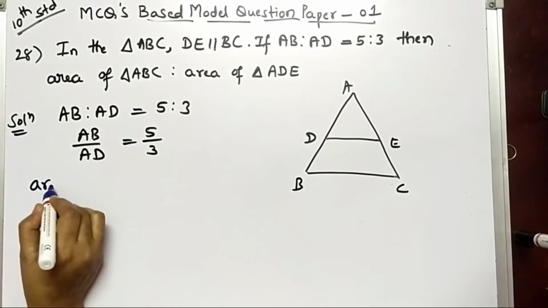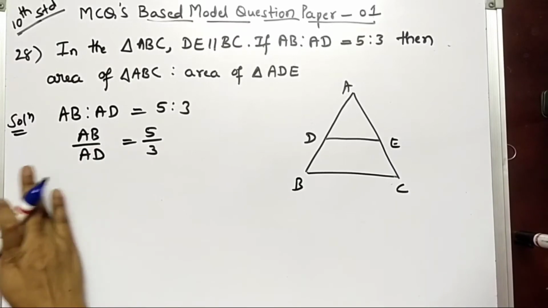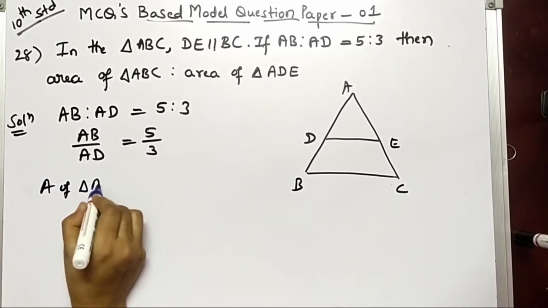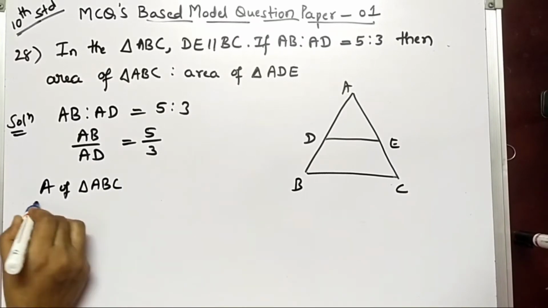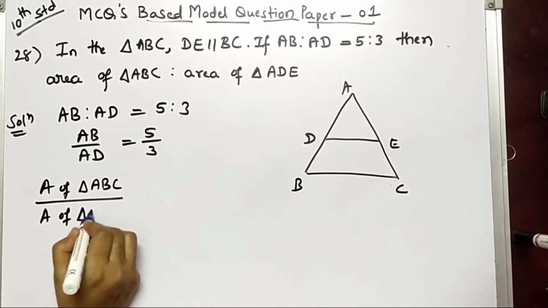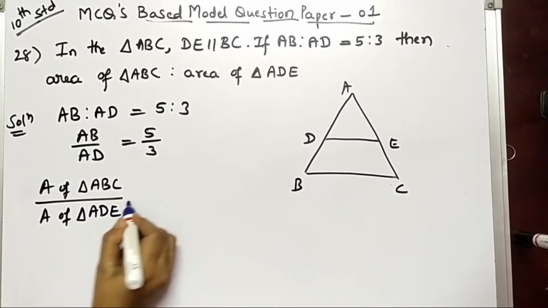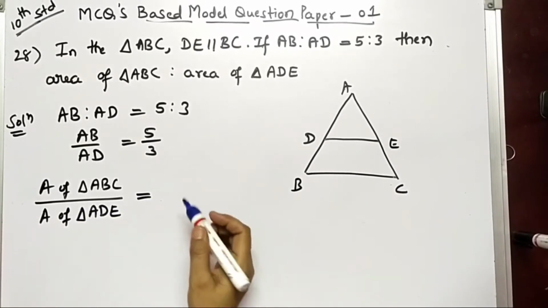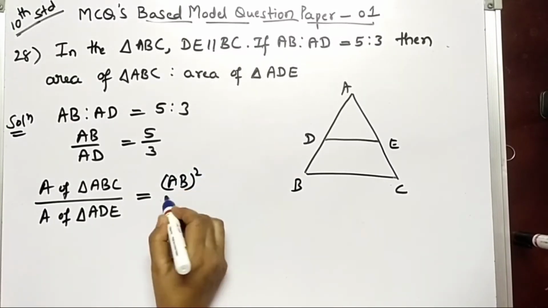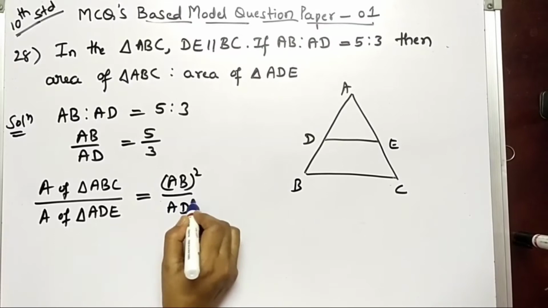Now area of triangle ABC divided by area of triangle ADE is side square, AB square divided by AD square.